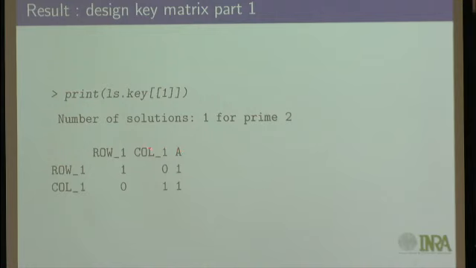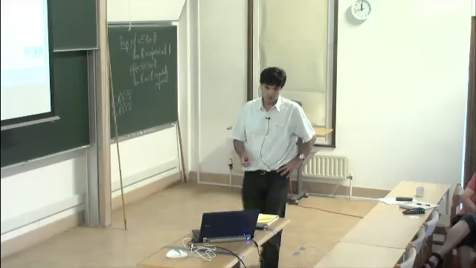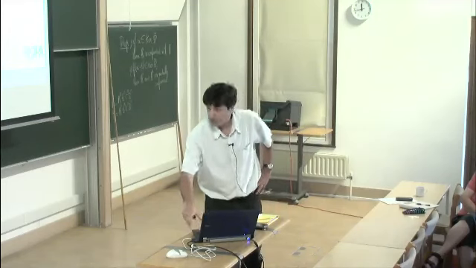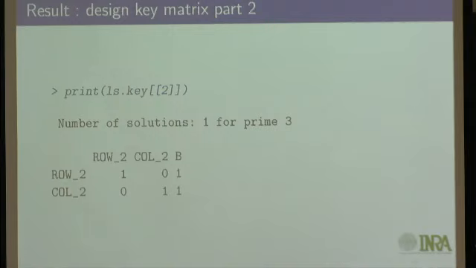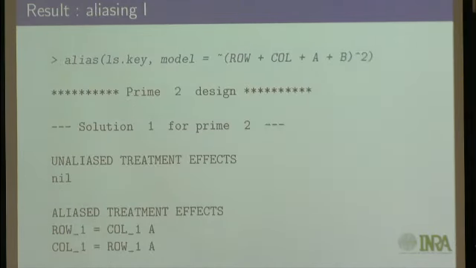They have been decomposed into a pseudo-factor row 1 at 2 levels, 6 columns pseudo-factor col 1 at 2 levels, and A has 2 levels. And we can take A equal to the sum of row 1 and col 1. And it's okay because the interaction between rows and columns is not in the model. And similarly, it's the same solution for the prime 3 design, but it's not the case in general, of course.